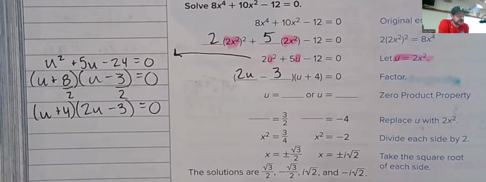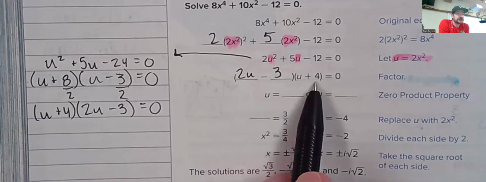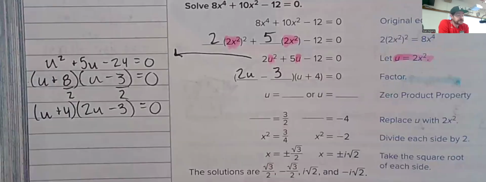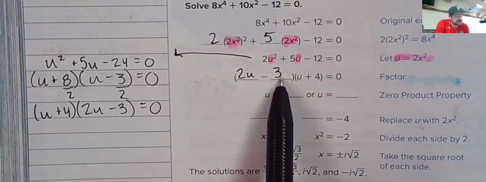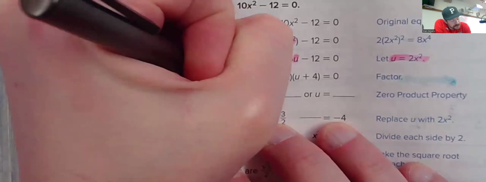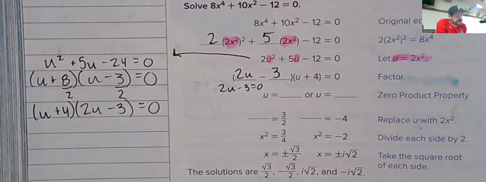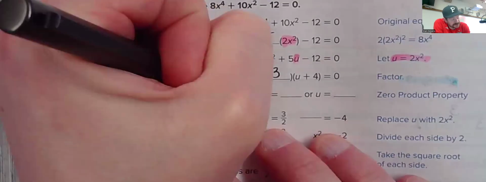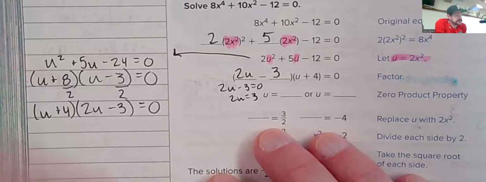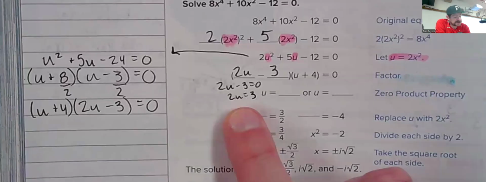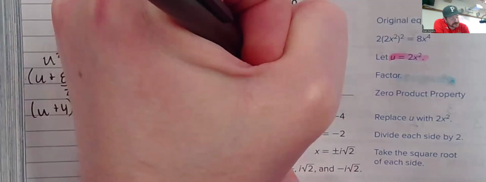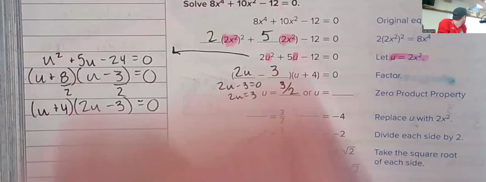We set these sets of parentheses equal to 0 and then solve for the variable. So 2u minus 3 equals 0. Add 3 to both sides. 2u equals 3. Divide by 2, which means that u is equal to 3/2.